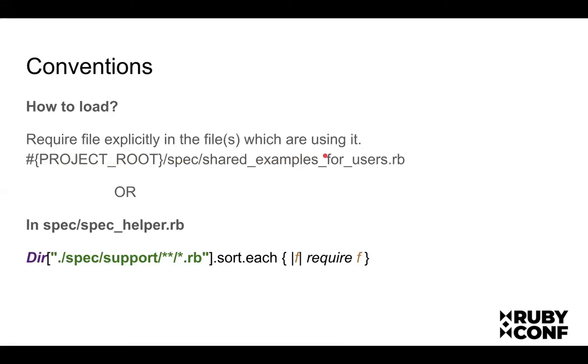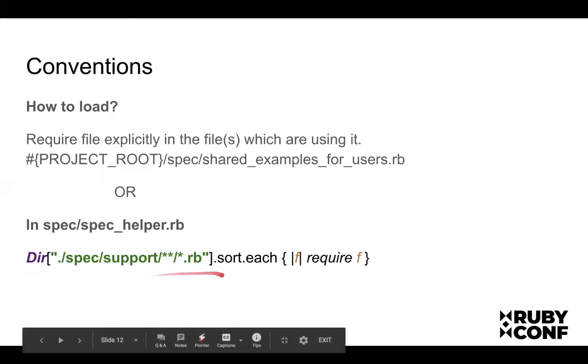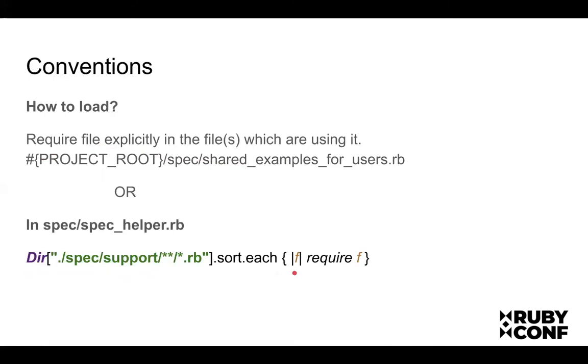But there is another approach. We can add this line in our spec_helper.rb file, and it will add all the support related files at once. And we don't need to explicitly require these things.